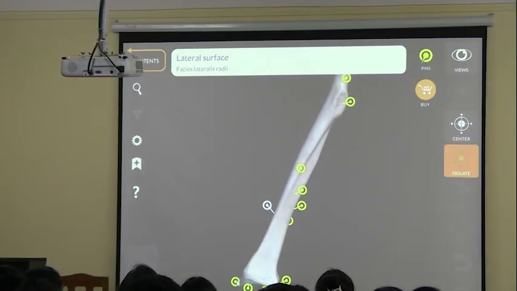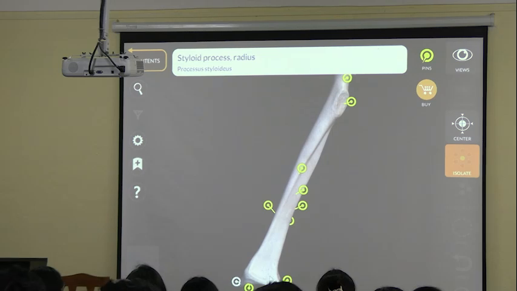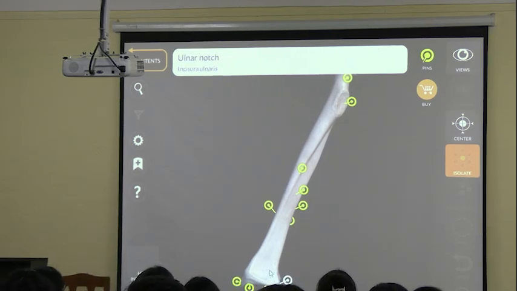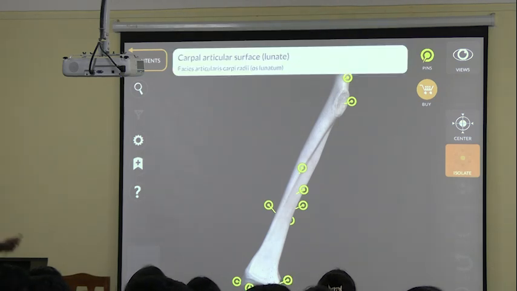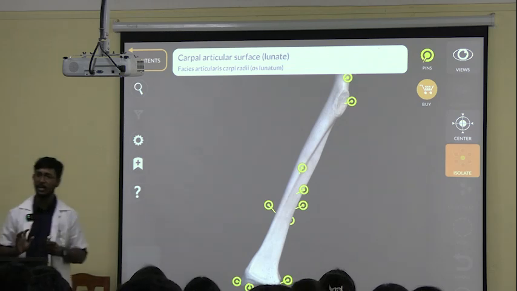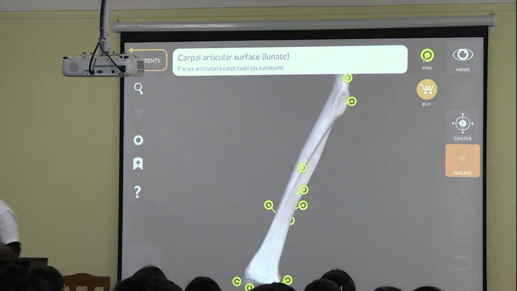And then we'll come to the lower end. This is the styloid process, and this is the ulnar notch, the ulnar notch I was talking about. This is the carpal articular surface for lunate. So we have 8 carpal bones which will be taught. So this is the articular surface for lunate specifically, and another one we have for capitate.